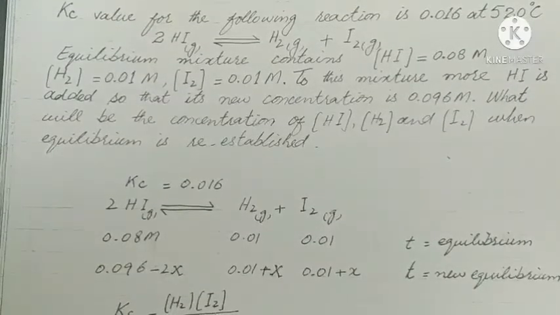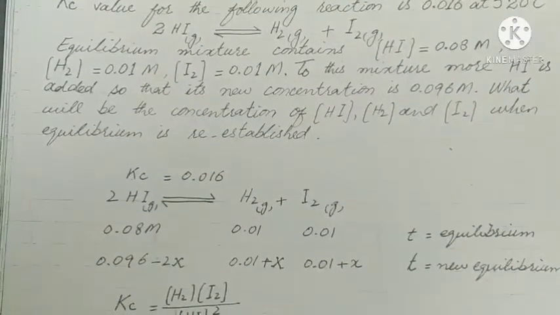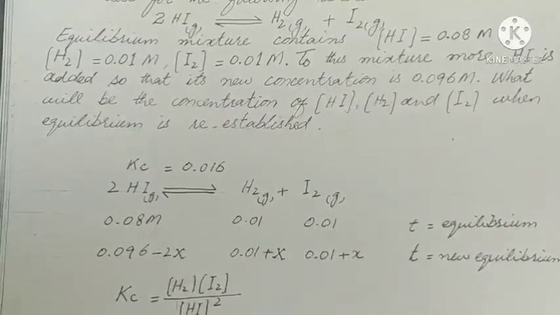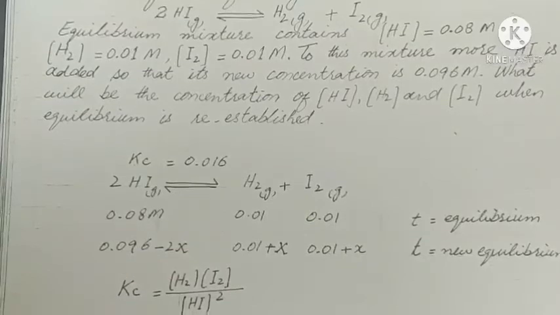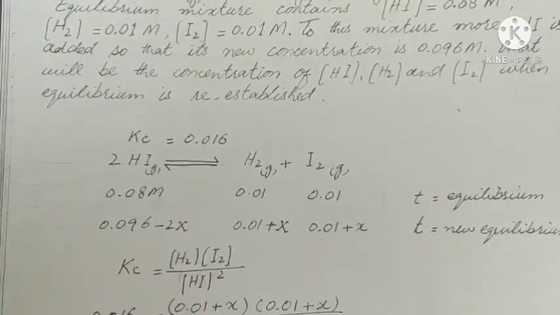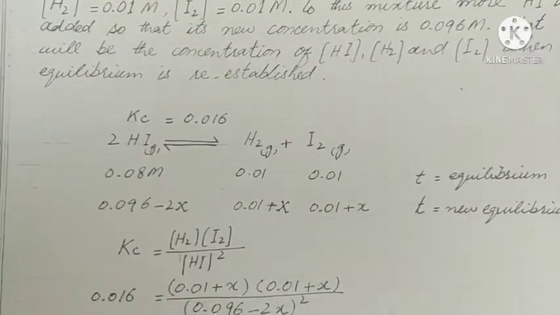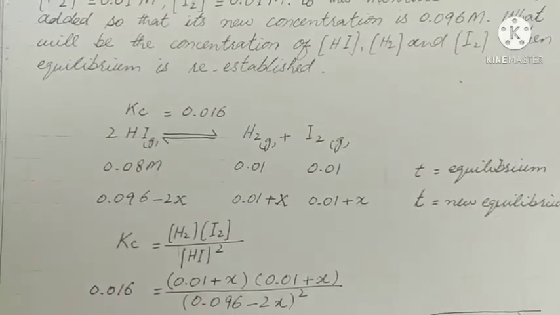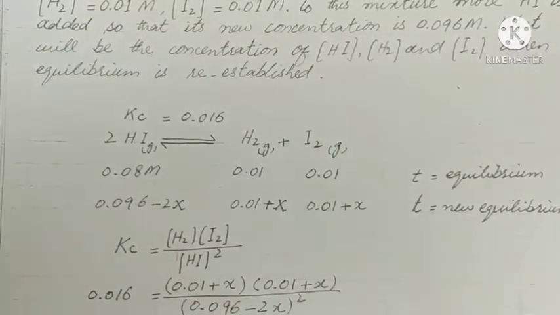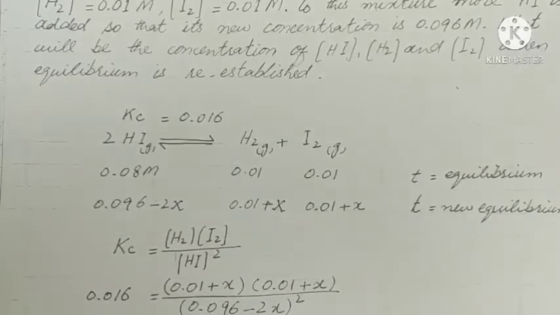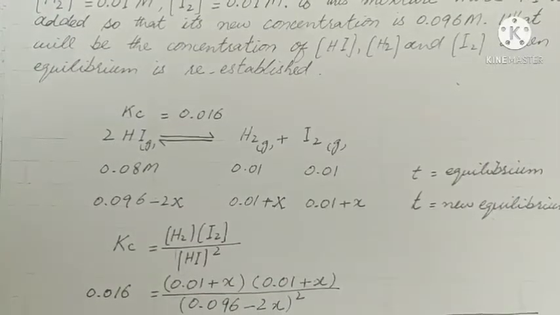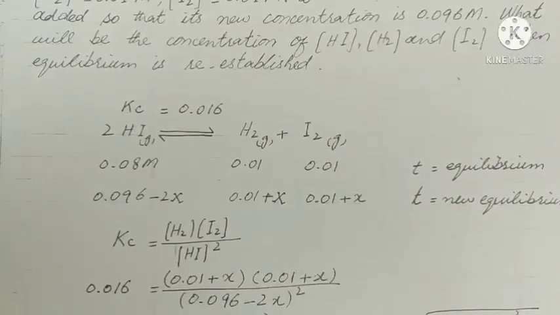Now Kc given is 0.016. The equation is 2HI ⇌ H2 + I2. 0.08 moles of hydrogen iodide is given. At equilibrium there are 0.08 moles of hydrogen iodide, 0.01 moles of H2 and 0.01 moles of I2.